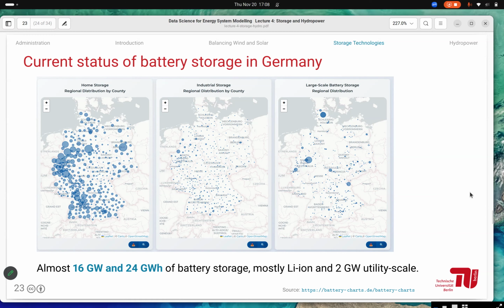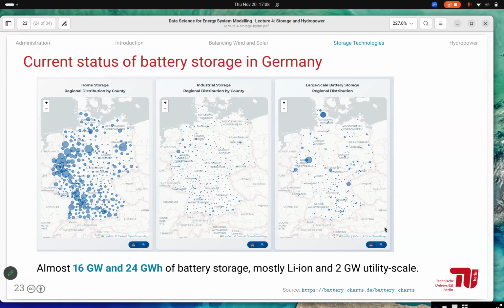In terms of large-scale grid-connected battery storage, we're now at roughly 2 gigawatts of mostly lithium-ion batteries, but 16 gigawatts and 24 gigawatt hours of battery storage overall.